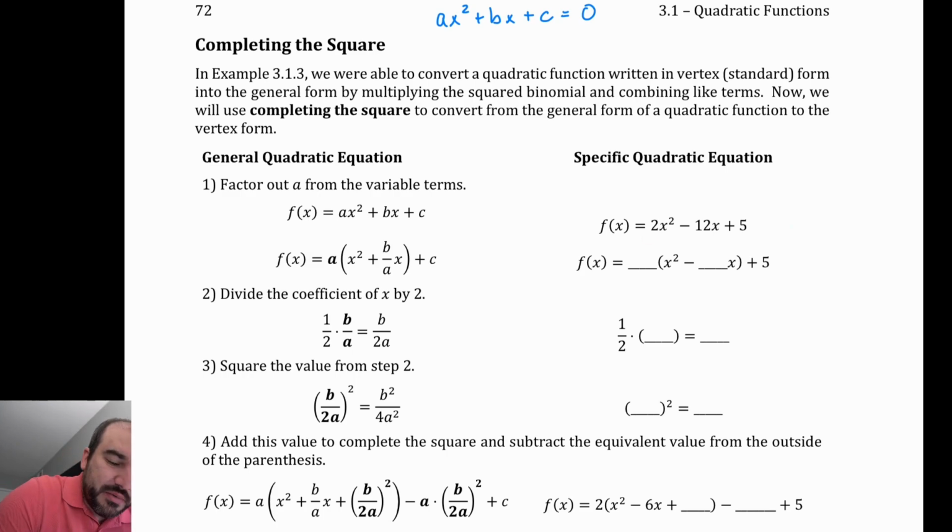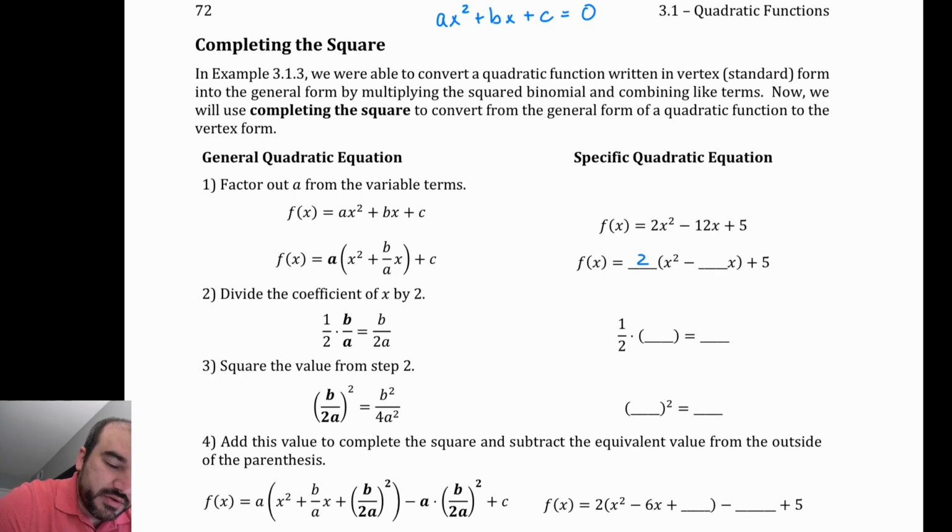So if we start with an ax squared plus bx plus c, the first thing we want to do is factor out the a so that we don't have to deal with that within this parenthesis. Because we're going to complete the square in this parenthesis, but we don't want a number in front of the x squared. So we factor out the 2.